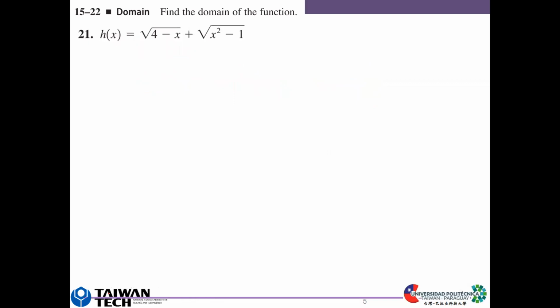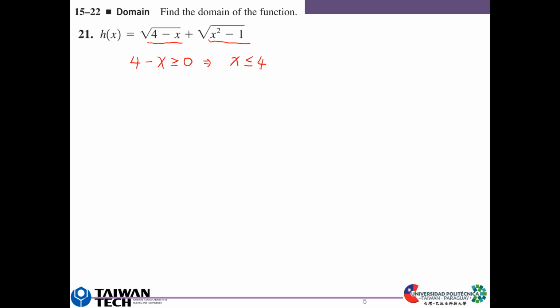Find the domain of the function. It has square roots, so we need what is inside the square root to be greater or equal to 0. So we have 4 minus x greater or equal to 0, and that means x is smaller or equal to 4.